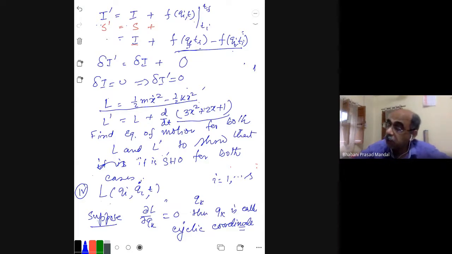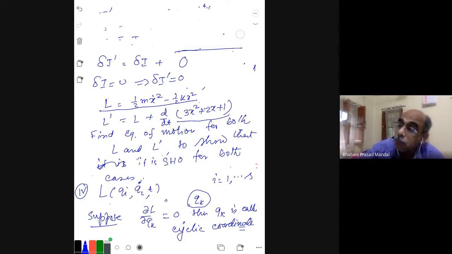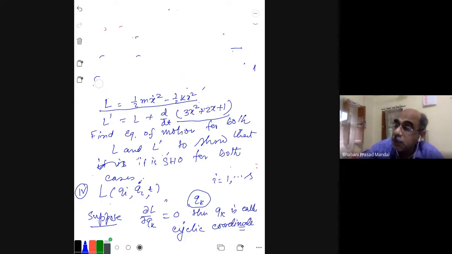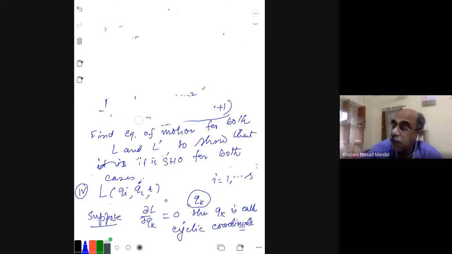Suppose it does not depend on the qk coordinate, then qk is called a cyclic coordinate. It may have 1, it may have 2, it may have 3. I'll give you an example of a cyclic coordinate. Cyclic coordinates are very important. So these two properties I am discussing today are very, very important.